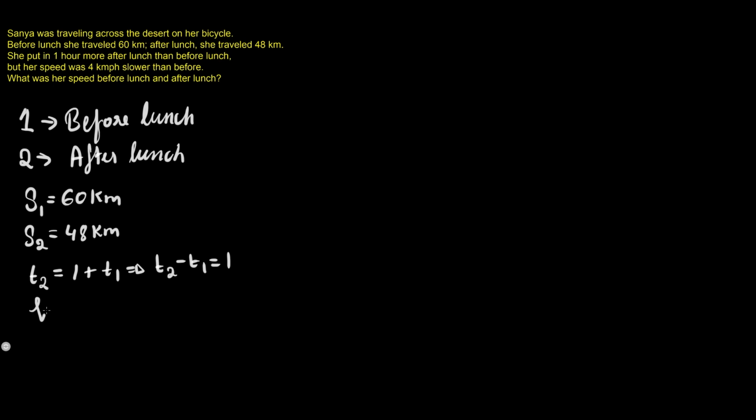So her speed right now is V1 minus 4 kilometers per hour. From V1, the speed before lunch, it is reduced by 4 kilometers per hour to get our speed right now. So our speed now is slower than the speed before lunch. That's what the equations are telling me.